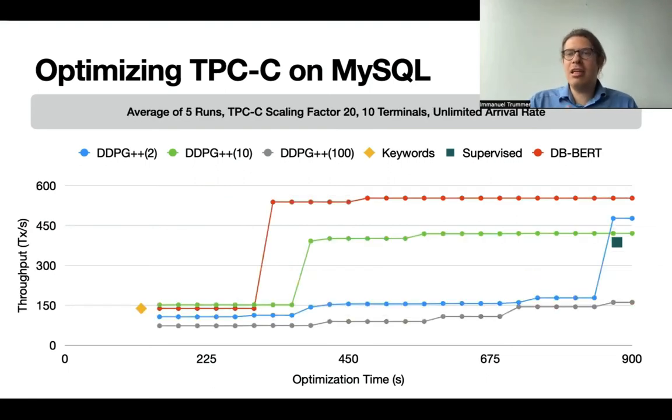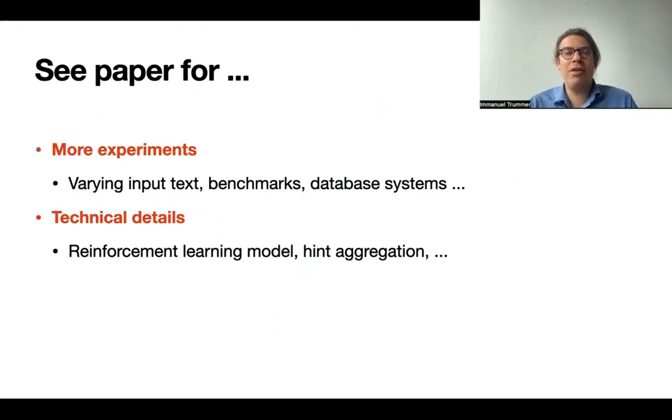The results for TPC-C, where on the y-axis now we have throughput, are similar. And in the paper, you find many more experiments which vary, for instance, the system or the input text. You also find more information in the paper about technical details, such as how I'm actually modeling the reinforcement learning environment and how I'm aggregating possibly conflicting hints into common parameter settings.